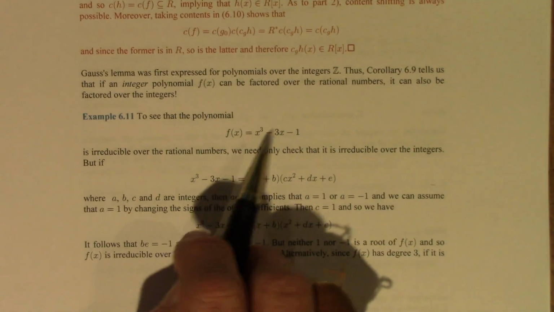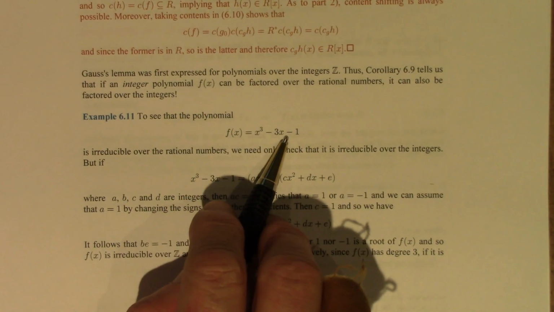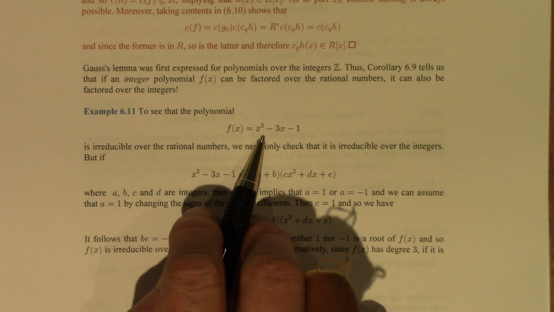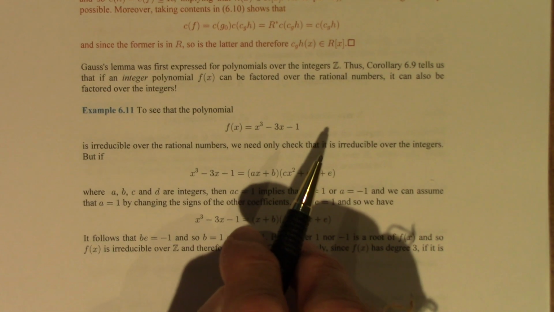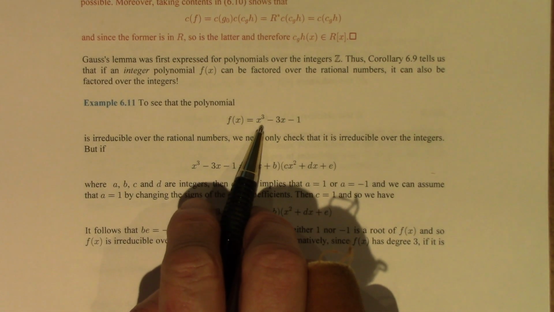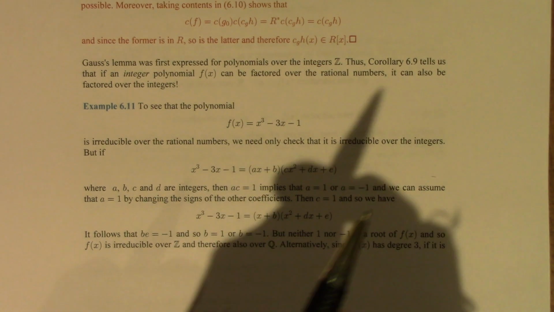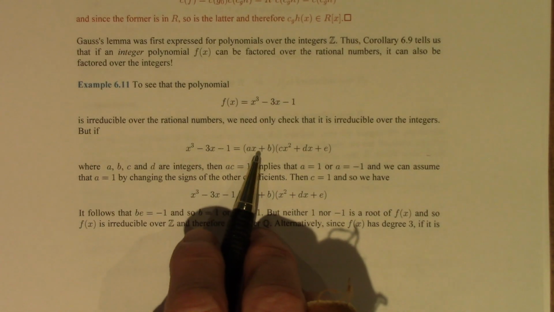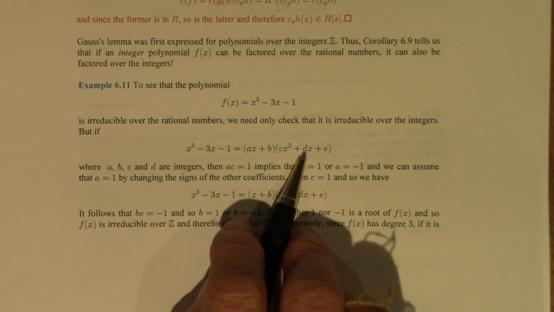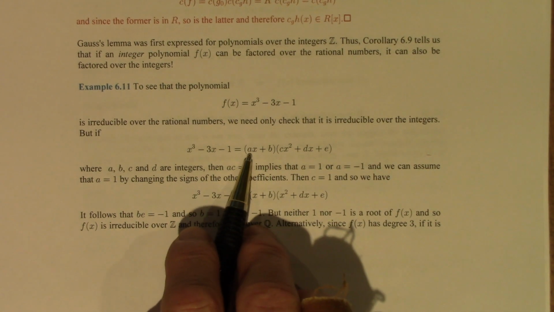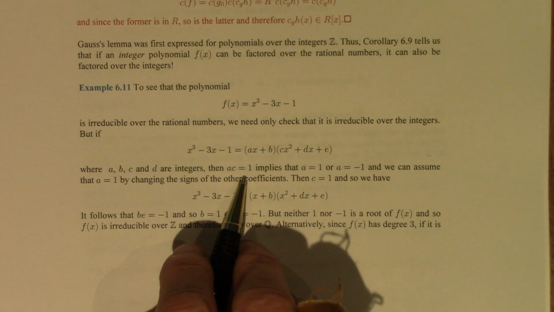So let's look at an example. Here's a cubic. To see that this is irreducible over the rationals, we need only check that it's irreducible over the integers. But if this has a non-trivial factorization, linear times quadratic, over the integers, then a times c is 1.